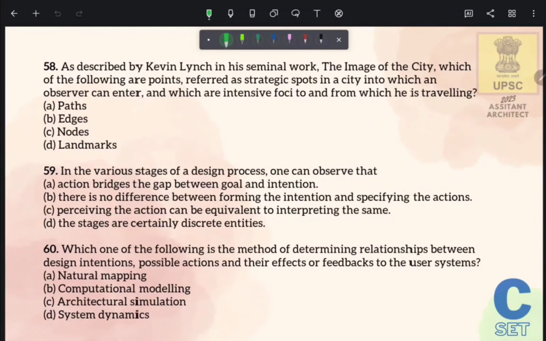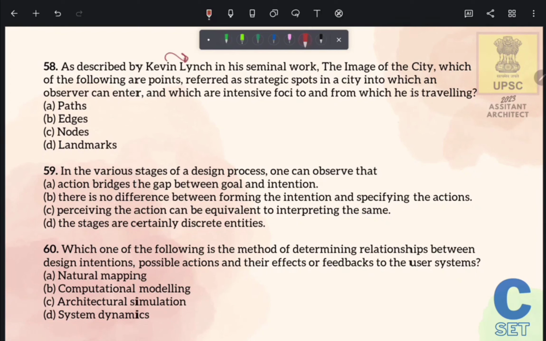As described by Kevin Lynch in his seminal work, The Image of the City, which of the followings are point referred as strategic spots in a city into which an observer can enter and which are intensive foci to and from which he is traveling?